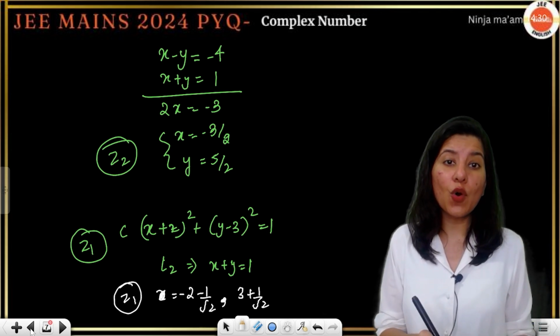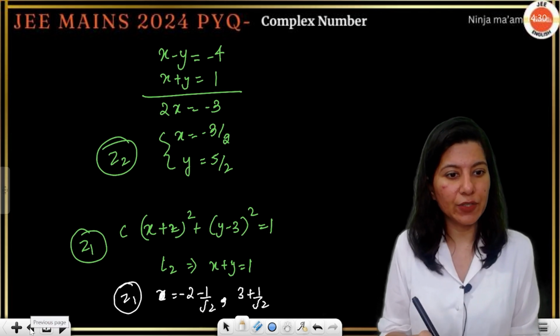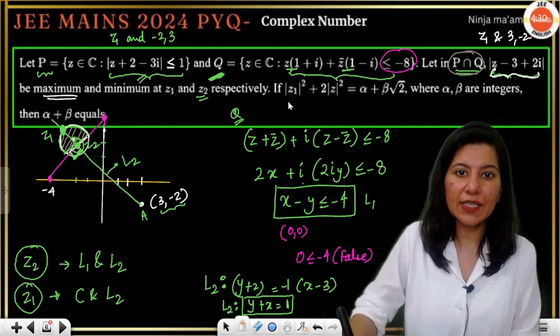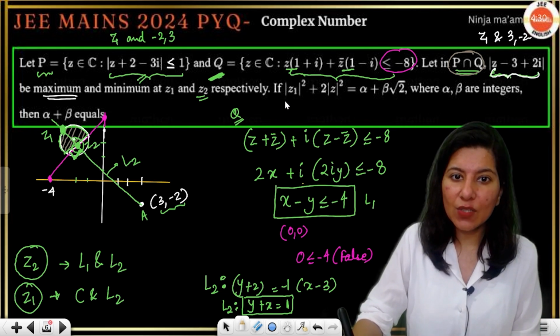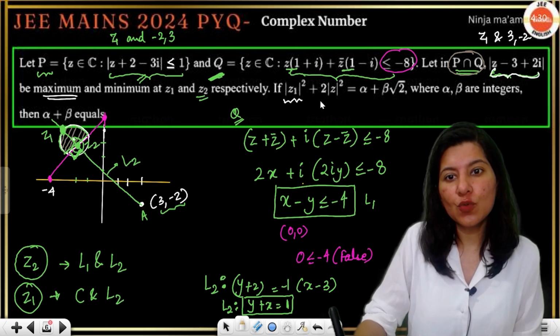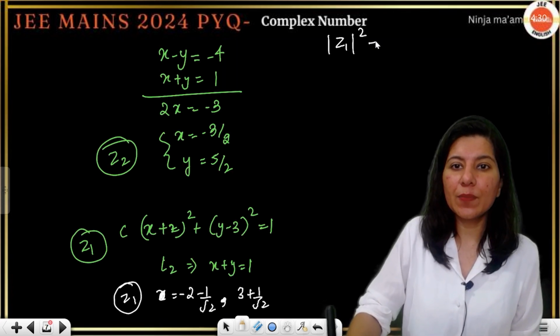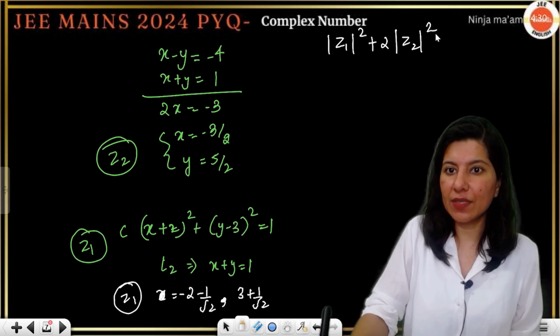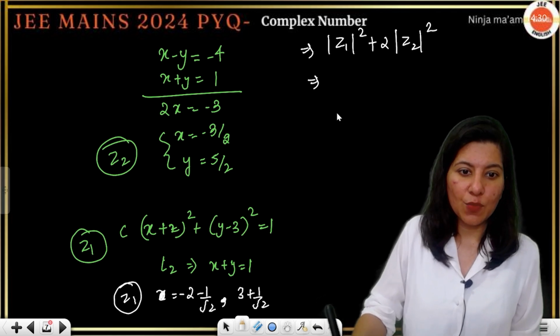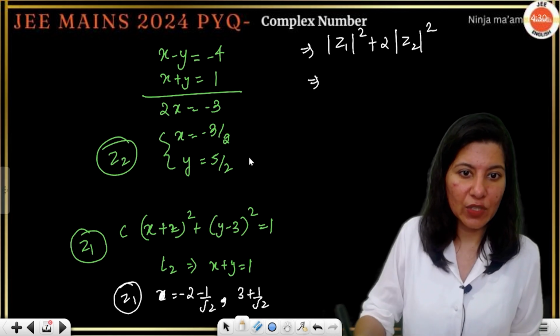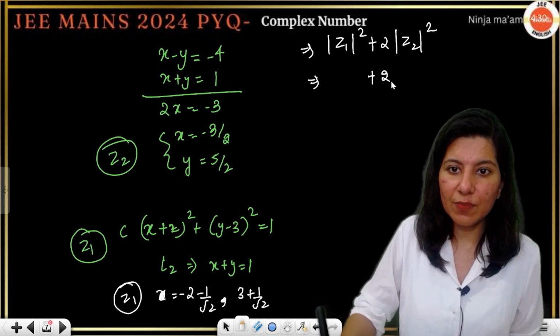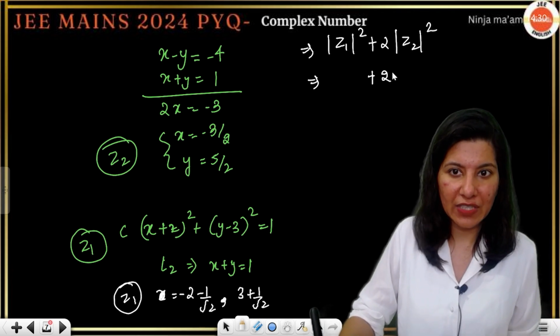Now that you have got your Z1 and Z2, what they are looking for is mod Z1 square plus 2 mod Z2 square. So mod Z1 square plus 2 mod Z2 square is what you're looking for. Mod Z2 square, first of all, we can calculate.